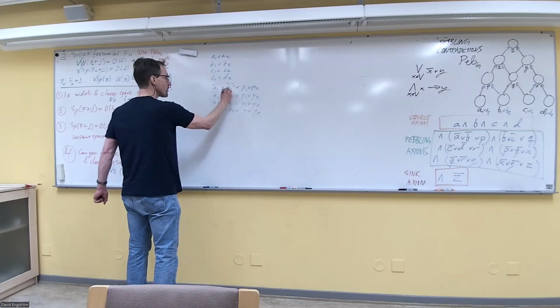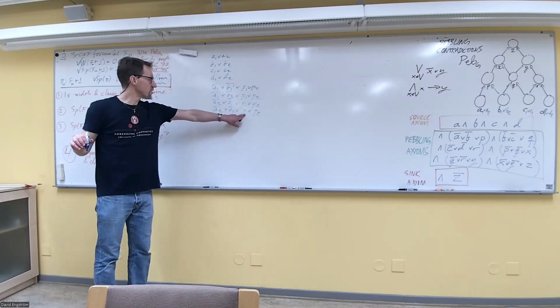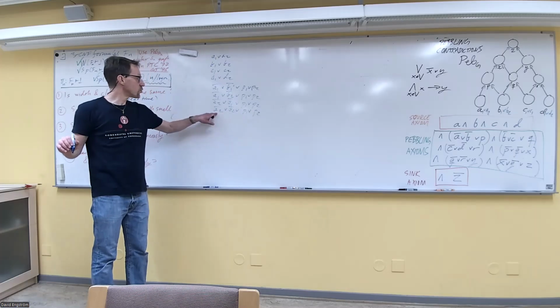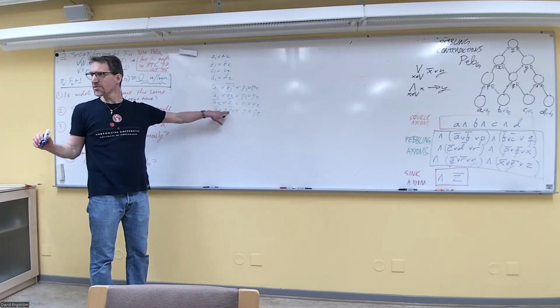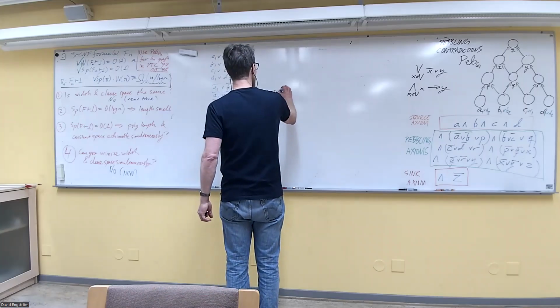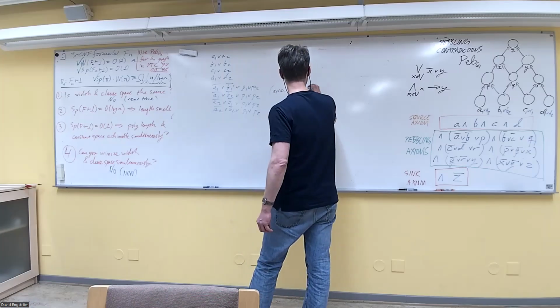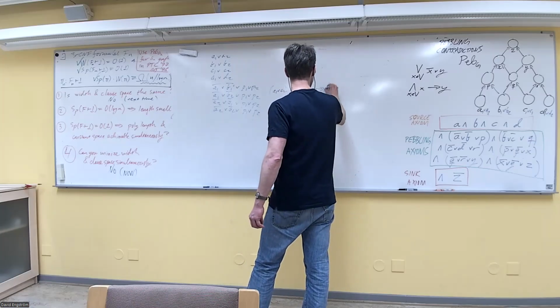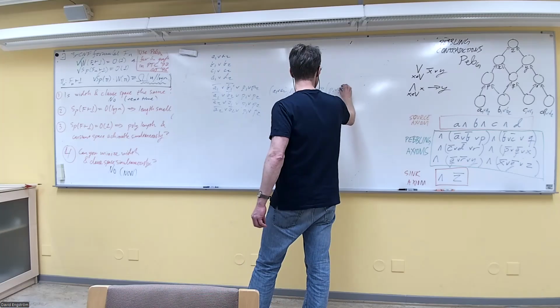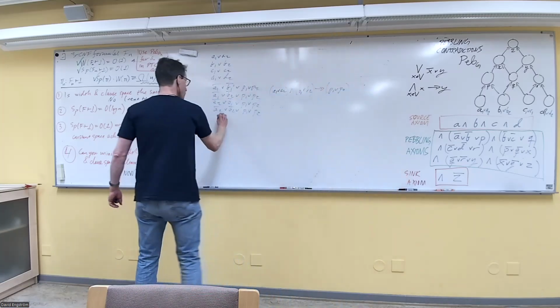I'll have negations all over here. So for any vertex P with two immediate predecessors, we'll just pick up these four. And what is this? This is just saying that a1 or a2 and b1 or b2 imply p1 or p2. Yes? So you do this everywhere.